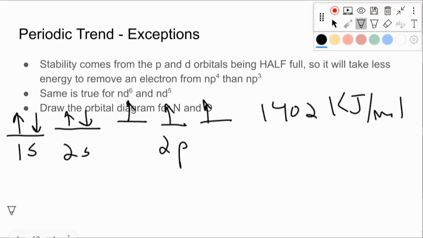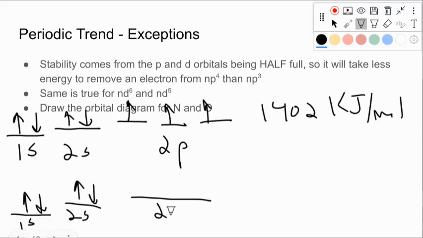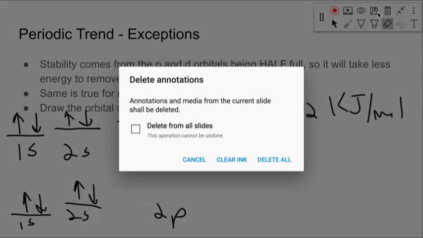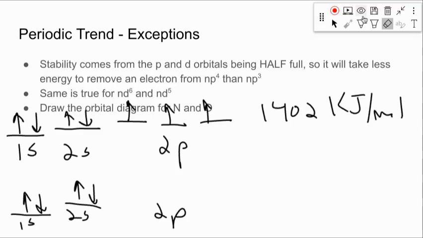If I come down here to do oxygen, I'm going to go 1s, 2s. But oxygen's 2p has, whoopsie, that didn't work. So oxygen is going to be 2p4.